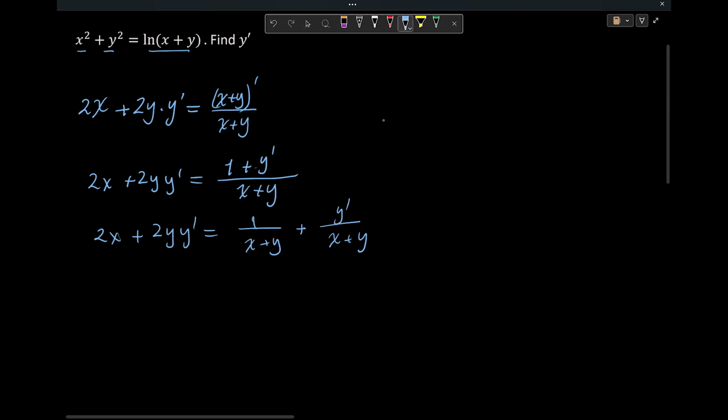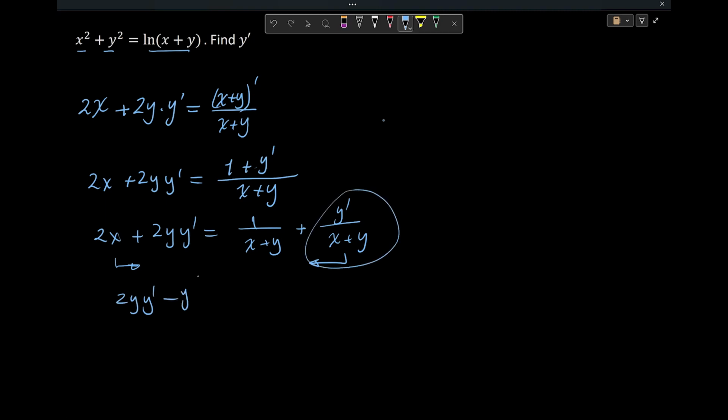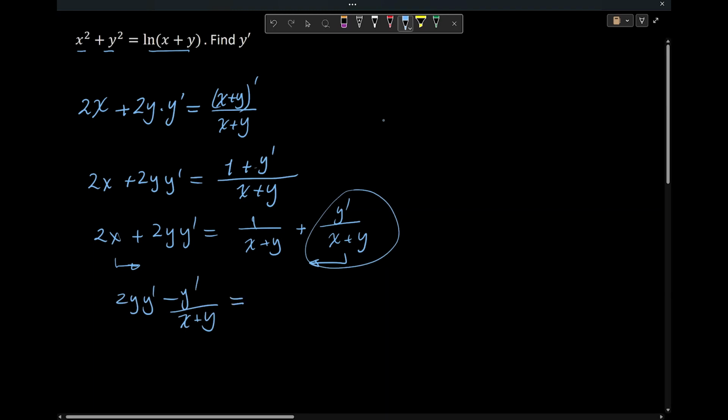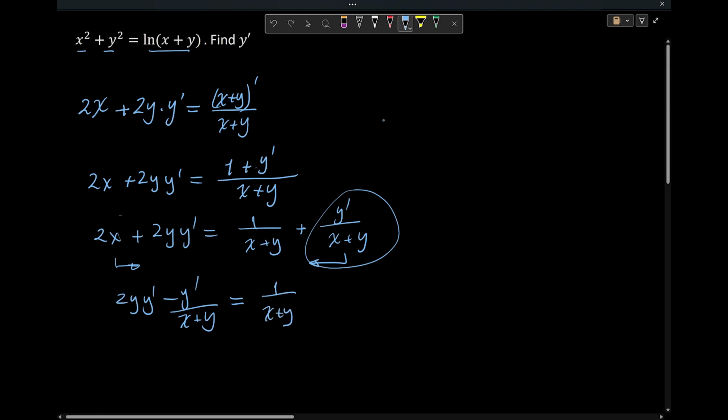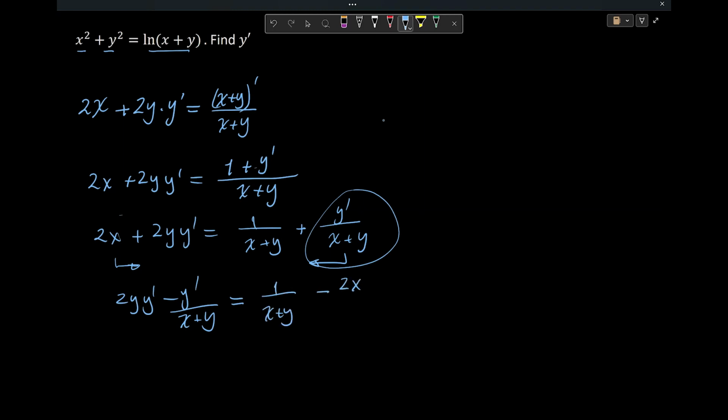Okay. Now I can move y prime around. So let me bring this over this way and this over this way right here. So on the left, I have 2y prime, and I bring this from the right, so it's minus y prime over x plus y equals. I bring this over, so I have 1 over x plus y minus 2x.